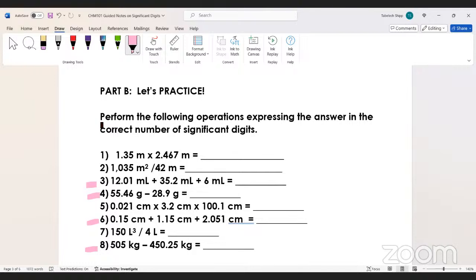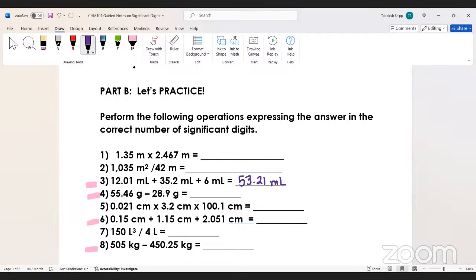We get on the calculator 53.21 milliliters. But is that the correct answer? If we go by our significant digits rule, it says to go with the least amount of significant digits after the decimal. So let's take a look.